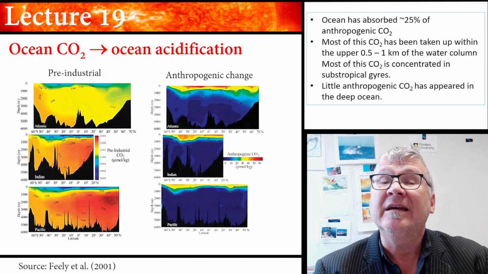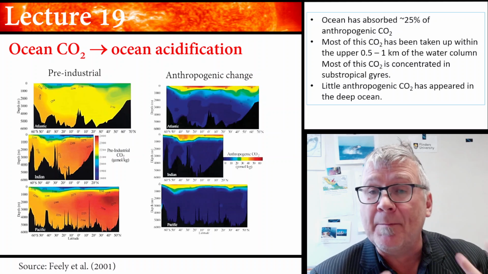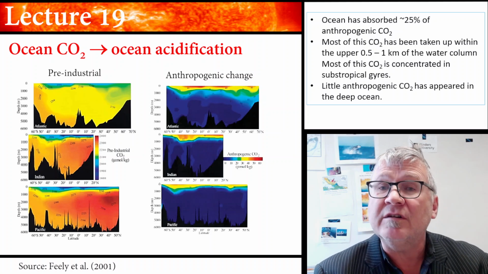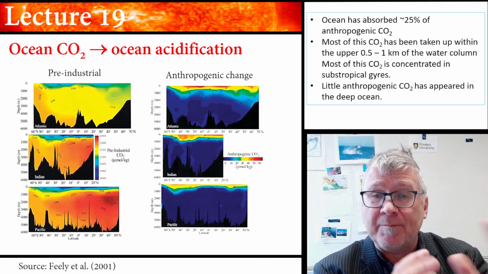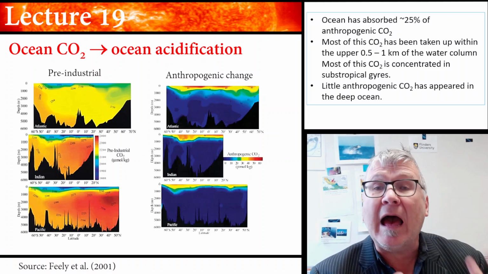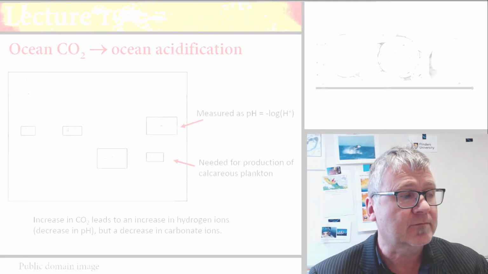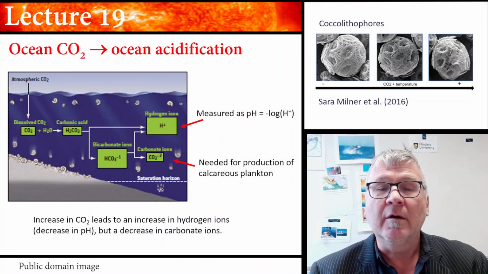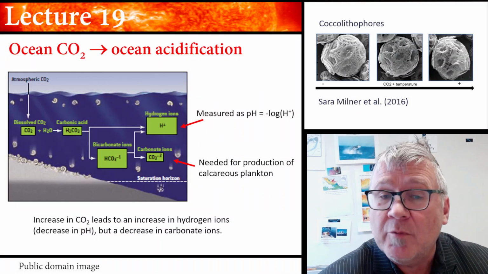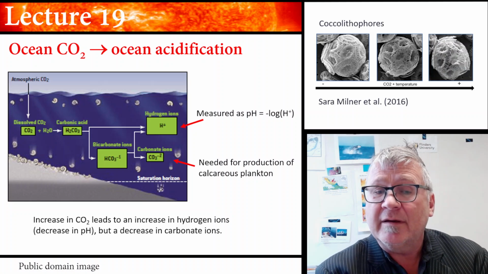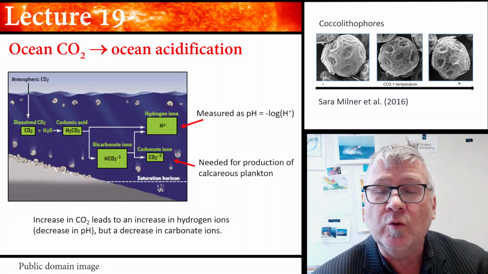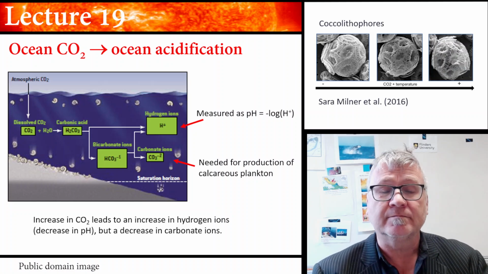Because of that CO2 increase in the upper layers of the ocean, there is a chain reaction happening, a change in the carbonate system of the ocean. We have a look at that now. It's shown here in this diagram what happens with CO2 in the ocean.